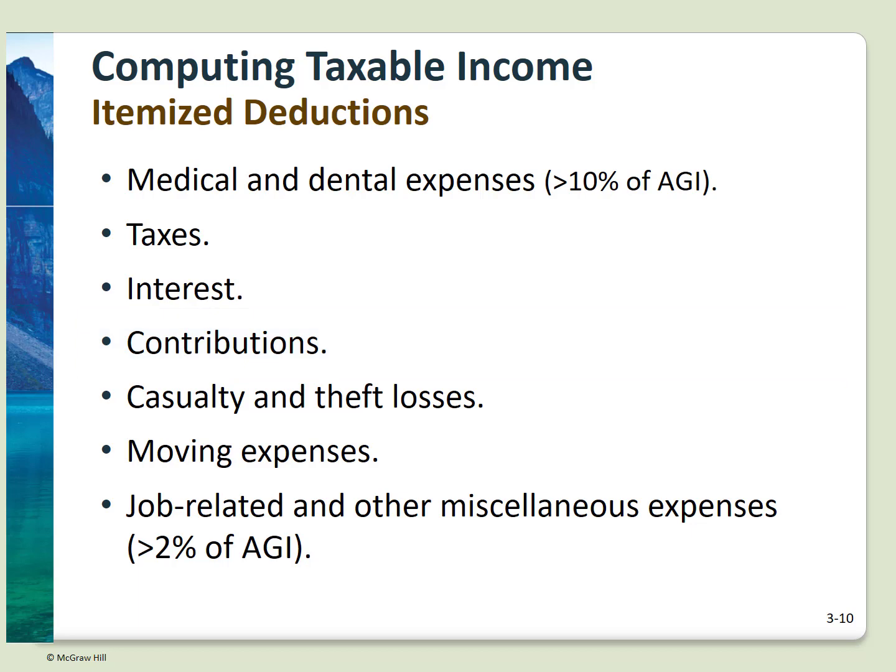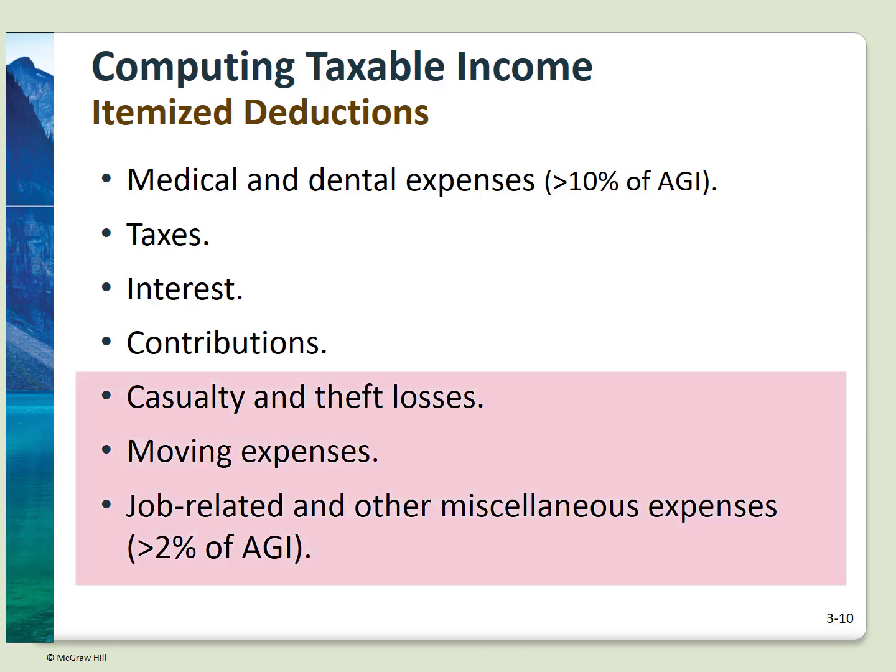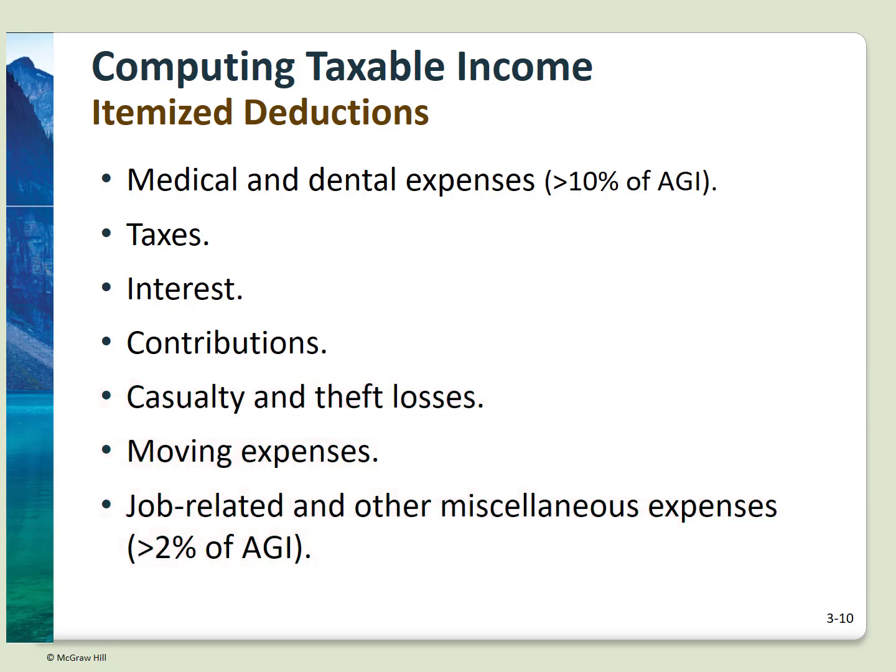Deductions are subject to limitations if over 20% of adjusted gross. Casualty and theft losses, moving expenses, and unreimbursed job-related expenses were deductible, but were eliminated in the 2010 Tax Reform Bill. For all deductions, you should maintain careful records and receipts, just in case.